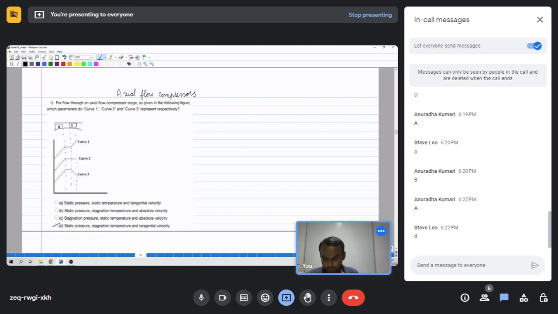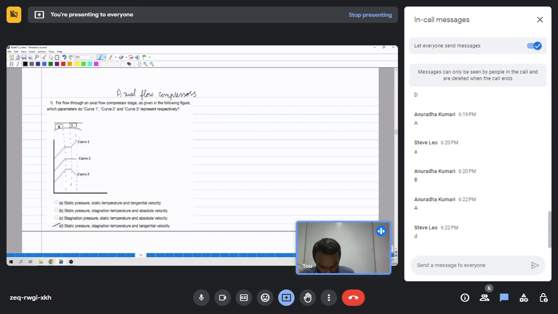So static pressure will increase in the rotor, stagnation temperature will remain constant, and tangential velocity keeps decreasing. I think so.